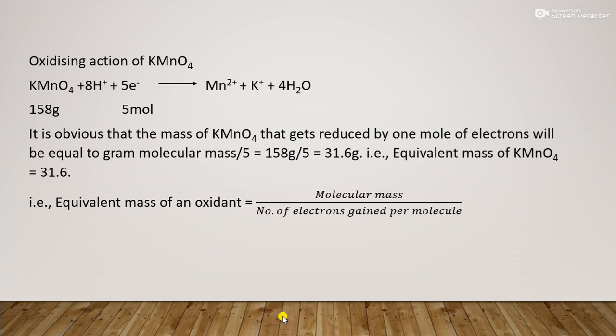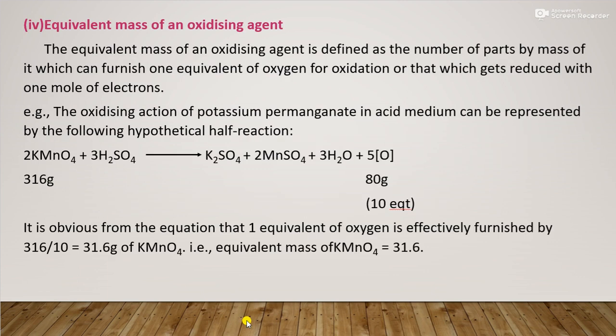From this we can conclude that the equivalent mass of an oxidant is equal to molecular mass divided by number of electrons gained per molecule. So in the above case, that is in this hypothetical half reaction, we can see that the oxidation number of Mn undergoes a decrease from +7 in KMnO4 to +2 in MnSO4. So there is a decrease of 5.